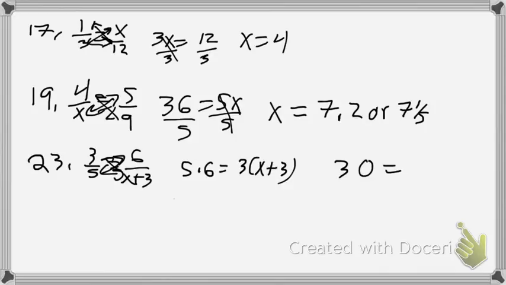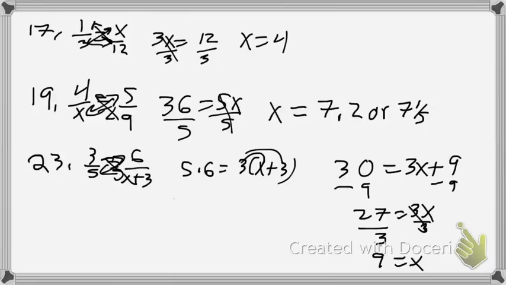That gives us 30, and then we want to make sure we distribute that 3 to both the x and the 3. And we're going to get 3x plus 9. Skipping ahead, subtract 9, 27 divided by 3 gives us x equals 9. Okay? And if we go back and plug that in, that would make sense. That would give us 3/5 equals 6 over 12.